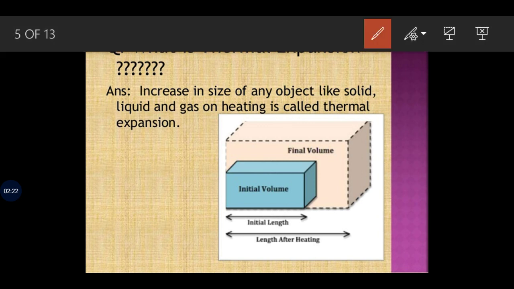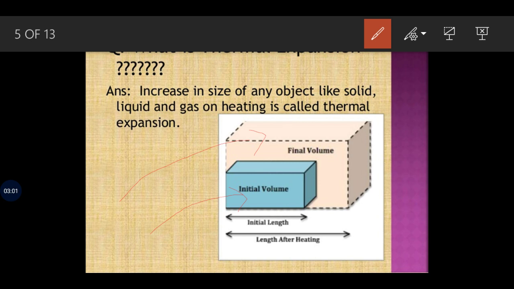The figure shows a blue cube and a pink cube. The blue cube has the initial volume, and the pink cube has the final volume. What is going on here? Before heating we get the blue cube; after heating we get the pink cube. The blue cube has the initial length, and the pink cube has a greater length.